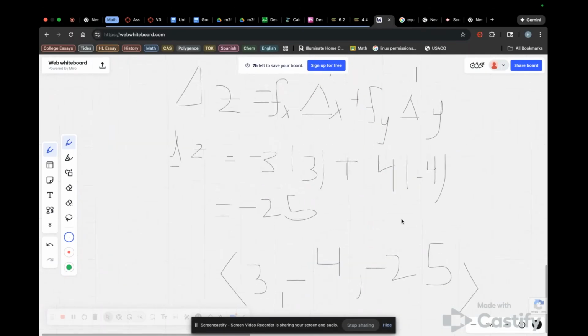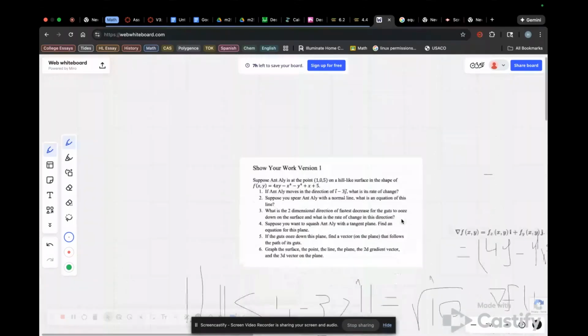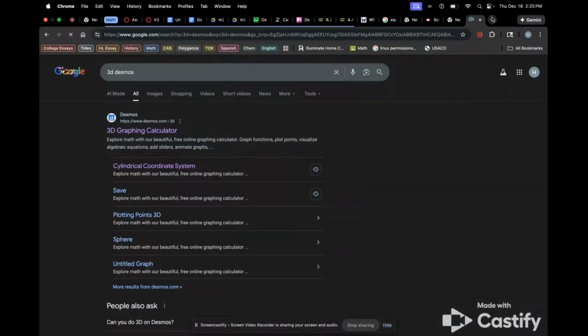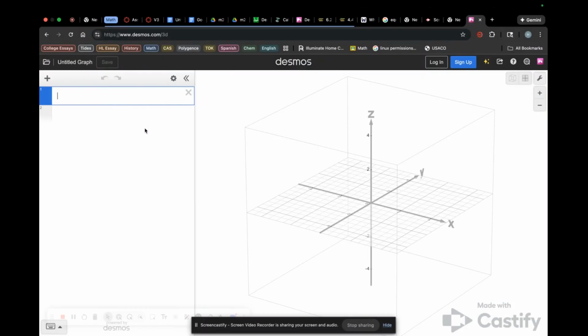Okay, boom. So now, the last step is we graph this. So let's go to 3D Desmos and let's graph all this. Sorry, I wrote all the equations down so I wouldn't have to go back and forth. Pulling them up right now.